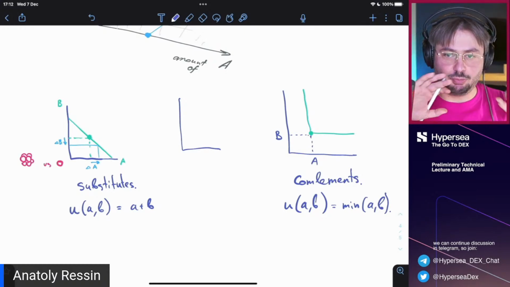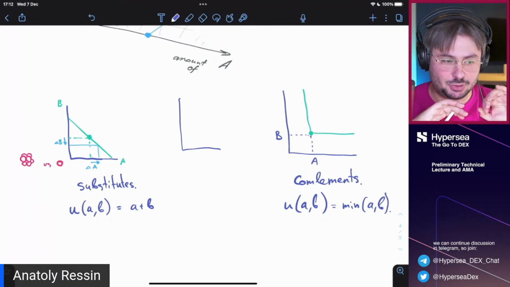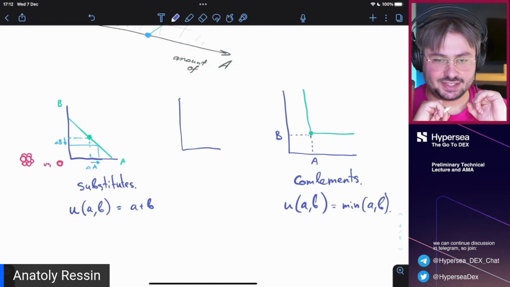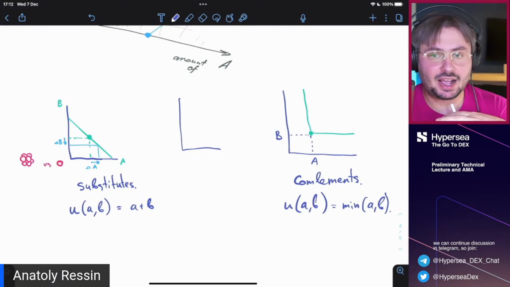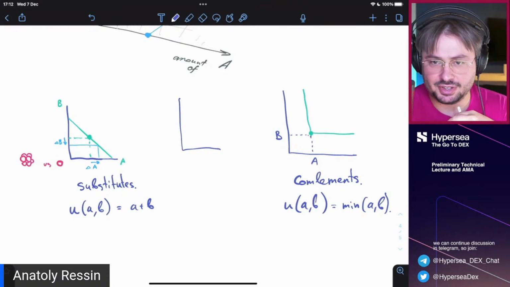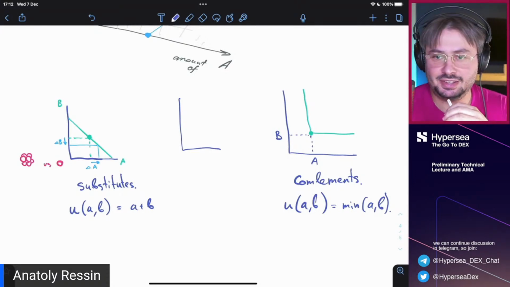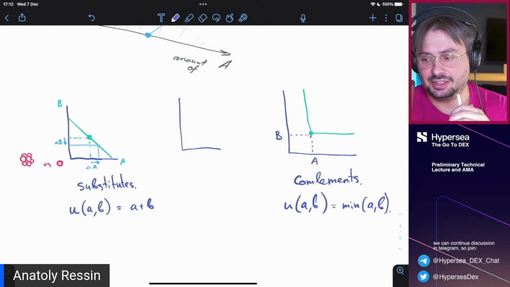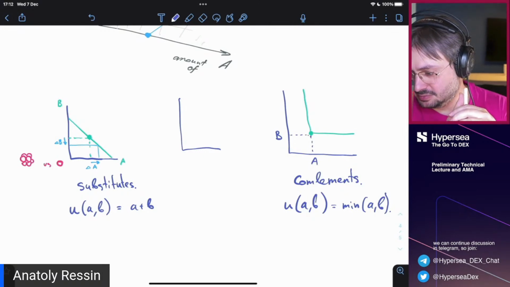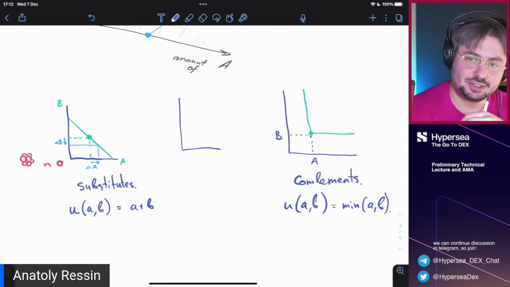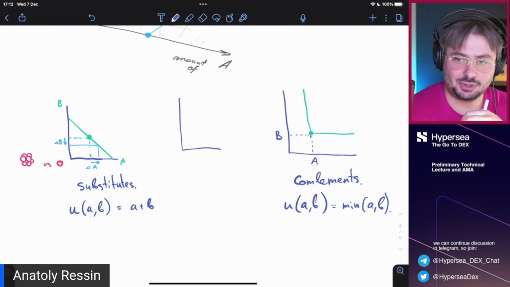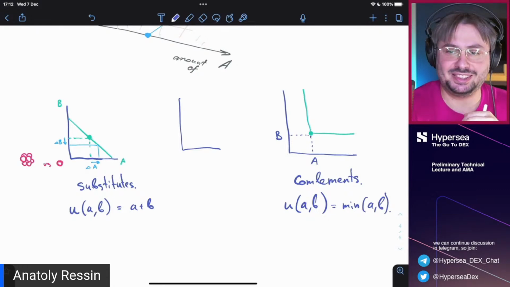So these are two poles between assets that could be. So whether assets are complementary, so one is absolutely not needed if you don't have another, and they can be substitutes. So if you have one, you don't need another.